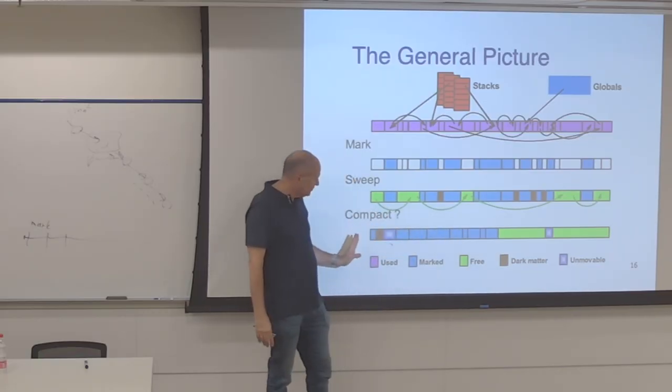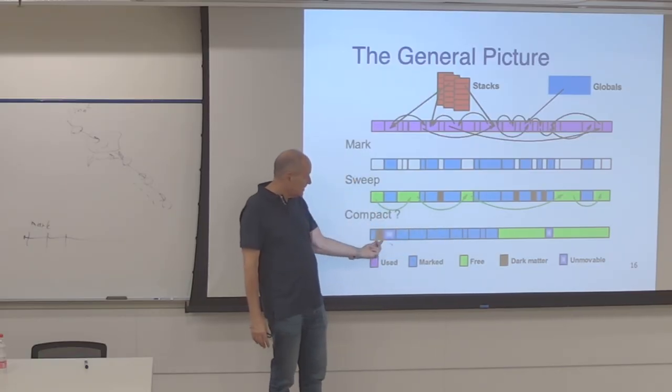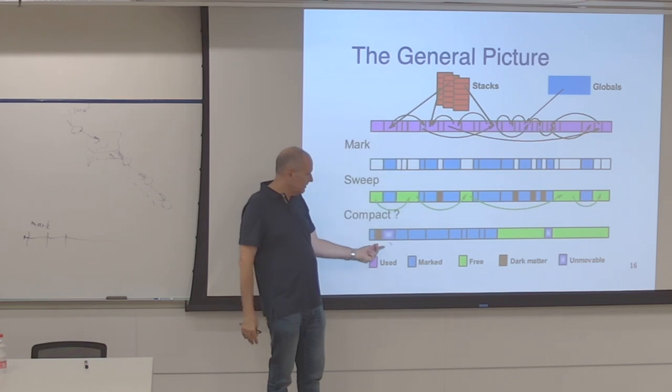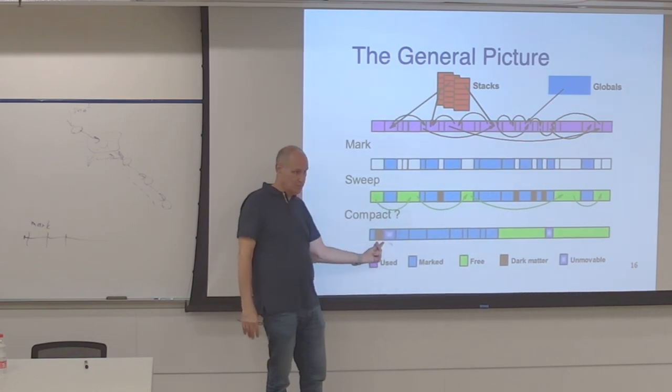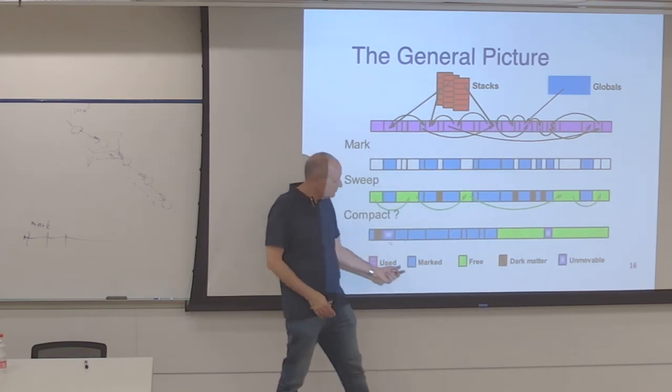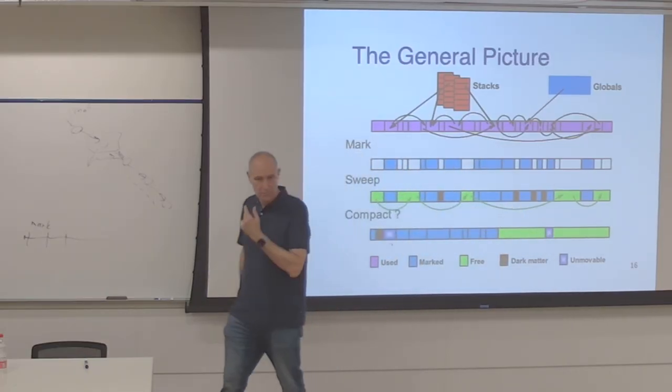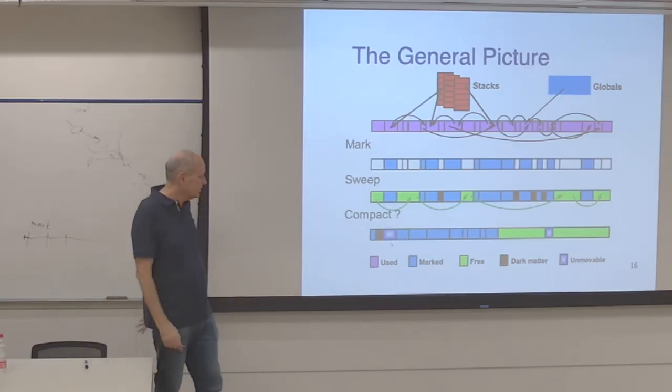So when you do the compaction, you have to deal with it. Sometimes, even when you have compaction, because things do not move, you'll have things that are not compacted to the beginning. Maybe these unmovable objects will create some space you cannot use. These unmovable objects will stay somewhere where you don't want objects, but this is real life. This is how it works.